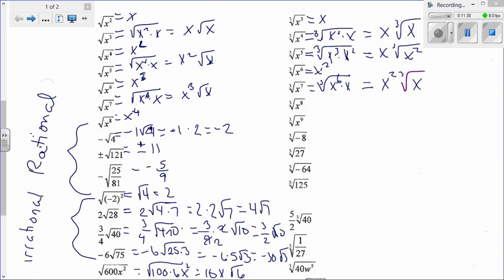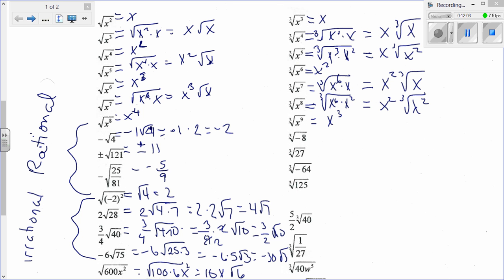And then the cube root of x to the eighth will break down to the cube root of x to the sixth times x squared. So in this case, that would leave me with x squared cube root x squared. Cube root of x to the ninth is x cubed.